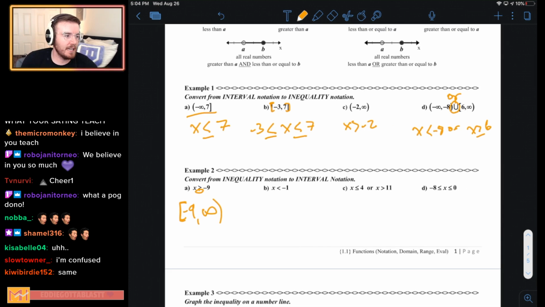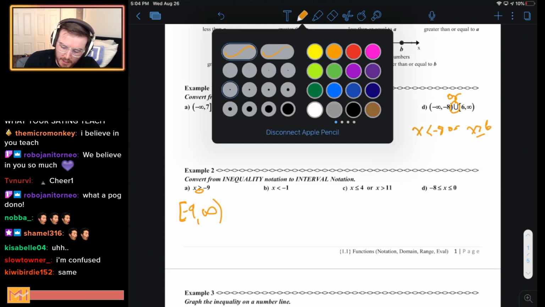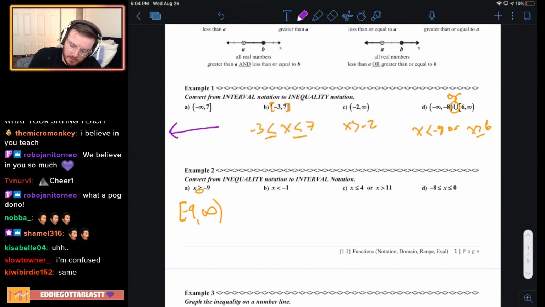I have a poor time phrasing this. If you're saying that you're confused, this notation just represents a range of values. It's not a single number, it's a group of numbers. So maybe if I restart on one of these examples and draw the picture, here's negative infinity clear over here, and there's 7. A bracket means included, so I'm going to use a filled in circle.